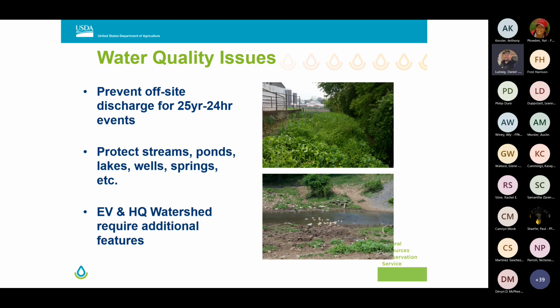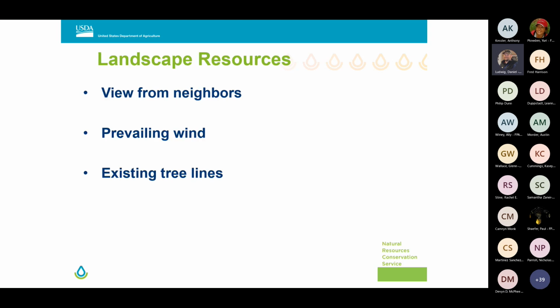This is a big one, especially if we're dealing with pastures and needing to cross streams, implement stream crossings or underground outlets into streams. If that farm is located on an EV or an HQ watershed, that's going to require additional features, additional planning.